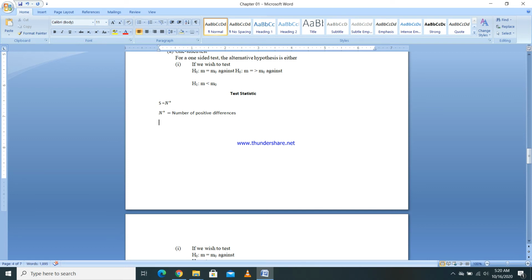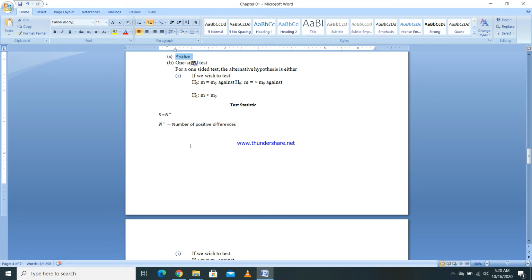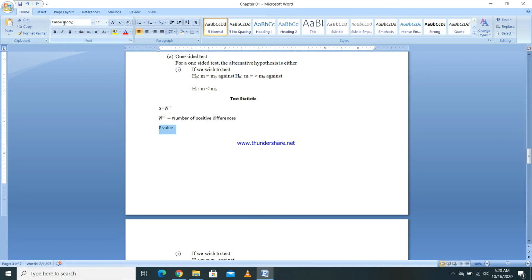And then you have to calculate the p-value of the test. When it comes to the p-value of the test, when you check your hypothesis, you can see when h naught is true, the testing value of your population, that is m naught, the population median, is equal to m naught.